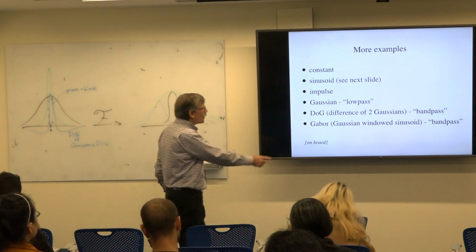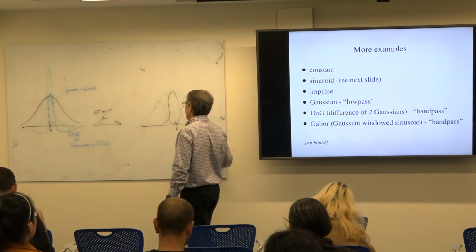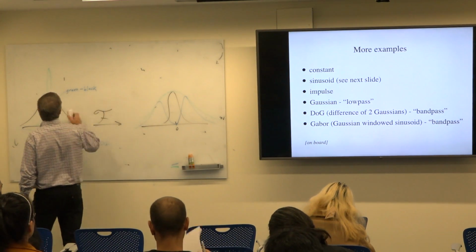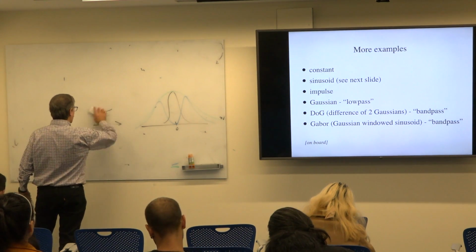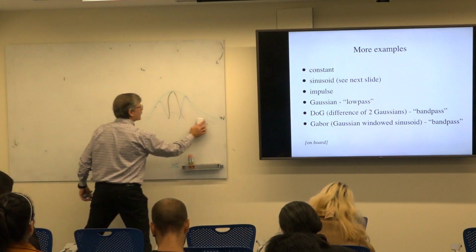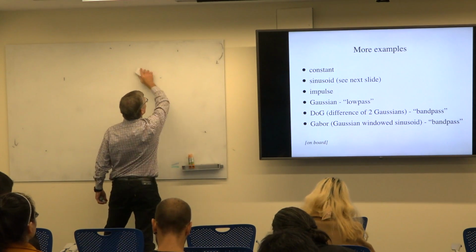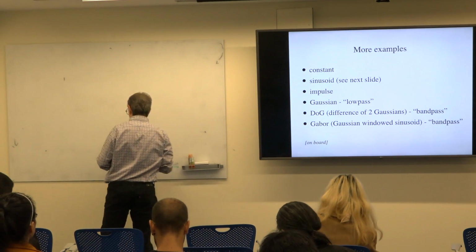Okay, the last one is the Gabor. So the Gabor is a good one to talk about because it uses some aspects of the Fourier transform that are worth pointing out that we haven't pointed out yet.